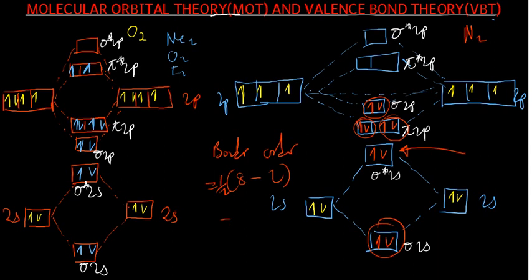Half of 6 is a 3. This is telling us that a bond in nitrogen is possible, and it is a triple bond, as you can see by the bond order. Now, looking at our nitrogen, you can see that all the orbitals have 2 electrons in them. So the nitrogen molecule is a diamagnetic molecule.